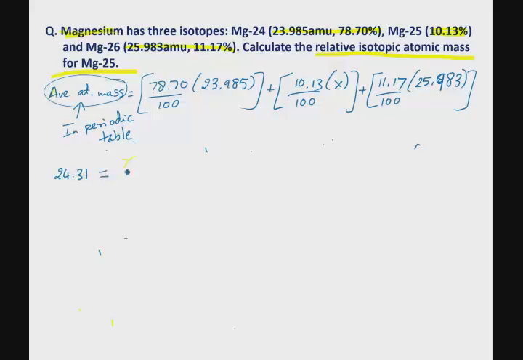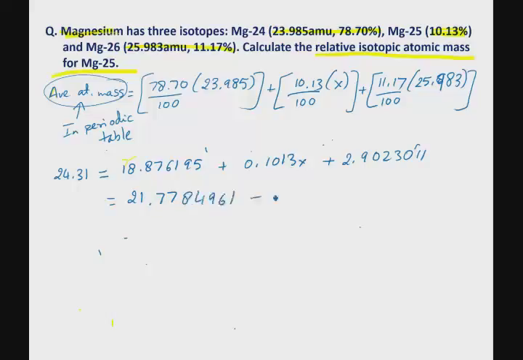So we get 18.876195 plus 0.1013x plus 2.9023011, which leads us to 21.778491 plus 0.1013x, which gives us 0.1013x equals 2.531539.